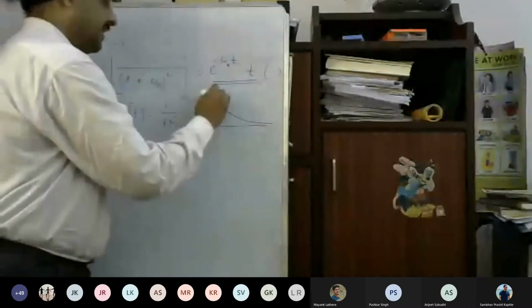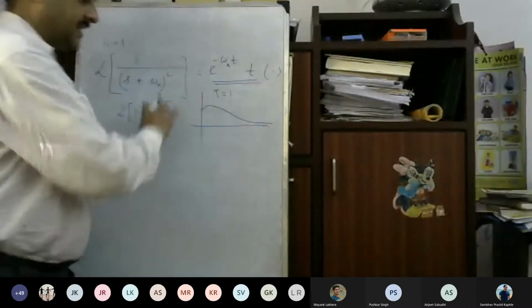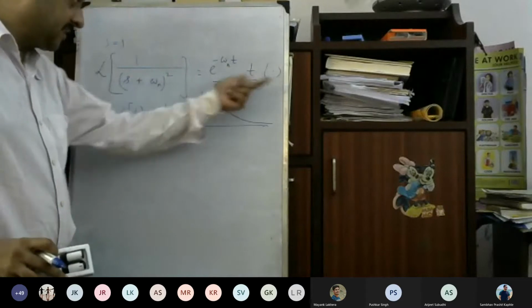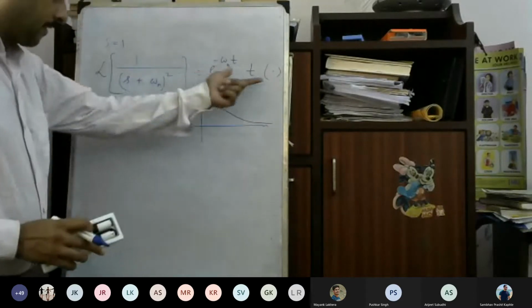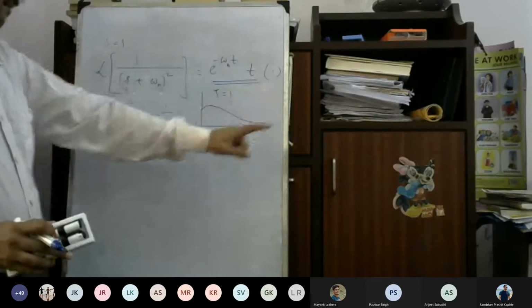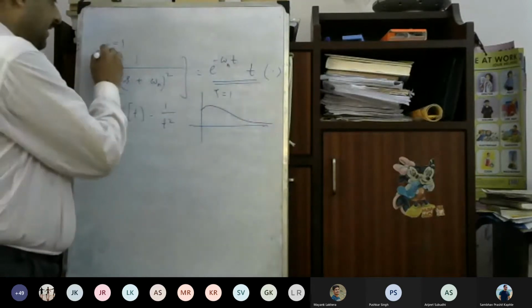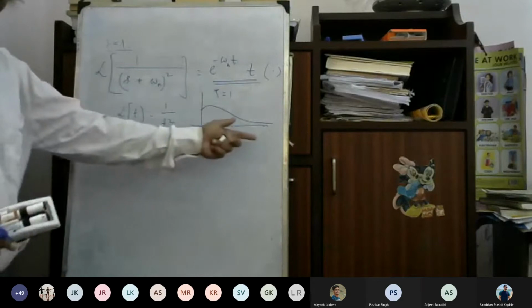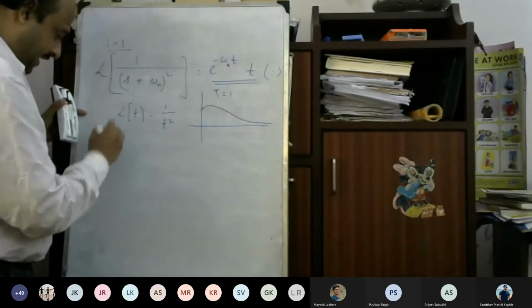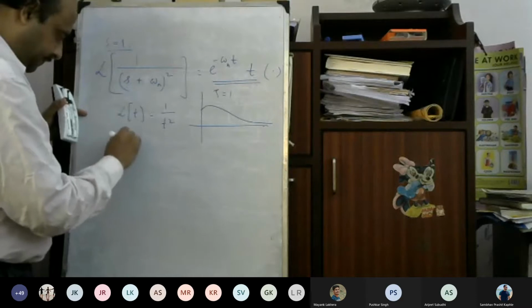So for zeta equal to 1, there is a small increase in response, like a linear response due to t, but eventually it will die down. Here the response is again not that of a vibration. We call this damping the critical damping.